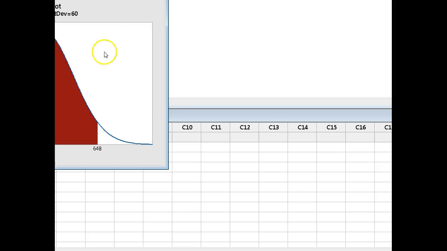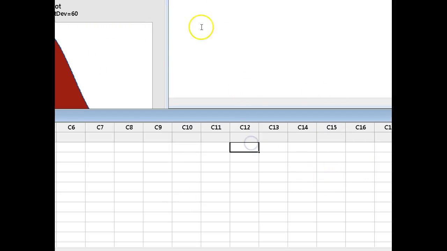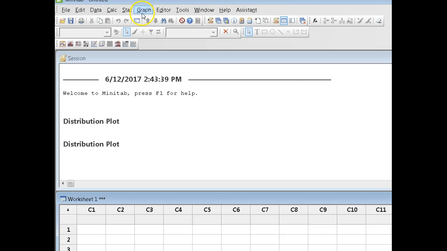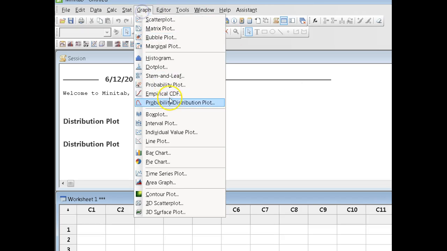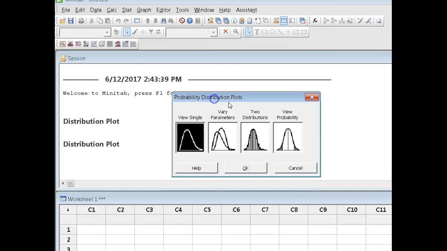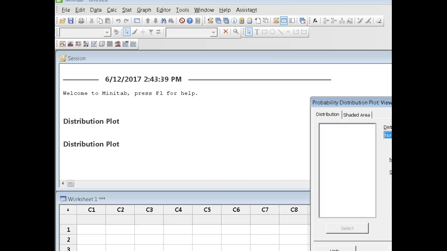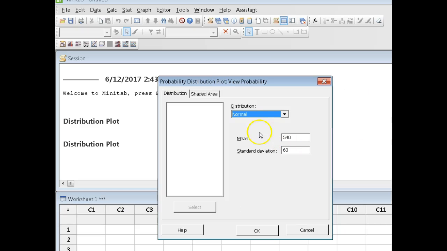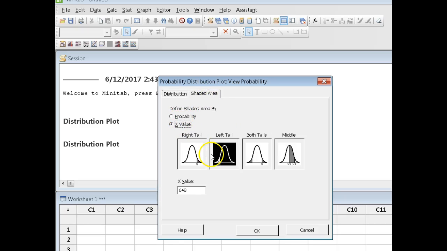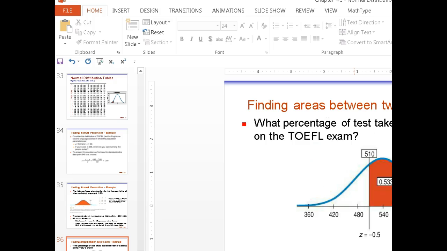Going back to Minitab to answer this question, again I would go to the Graph tab, Probability Distribution Plot, view my probability, and I've got my parameters in there already. We wanted to know what percentage fell between 510 and 600.